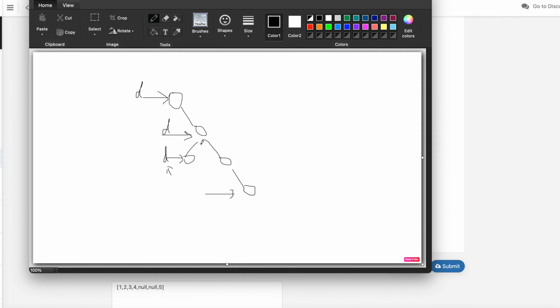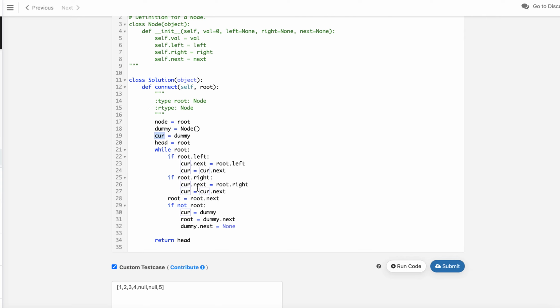If this node has left, the current will point to the left. If the node has right, the current will point to the right. So that is the current. The current always points to the current level's node, and it will set up the next.